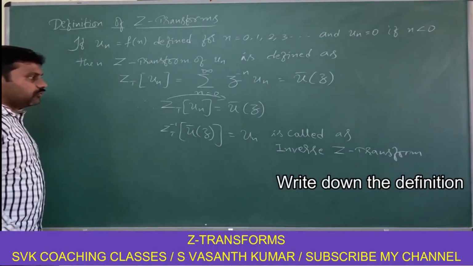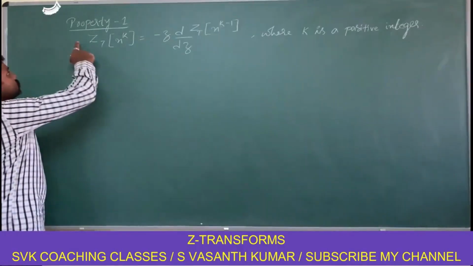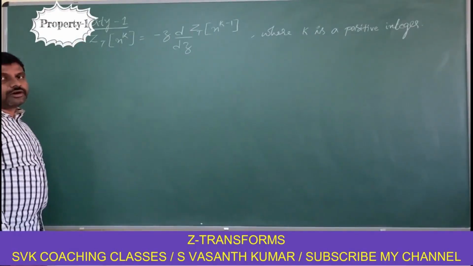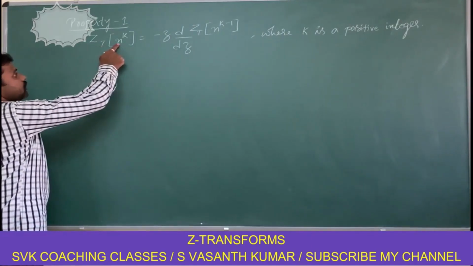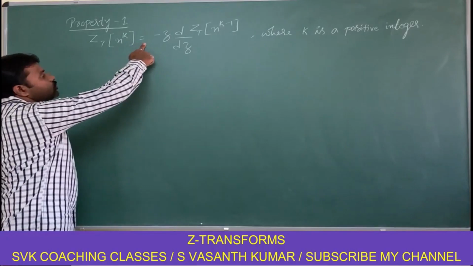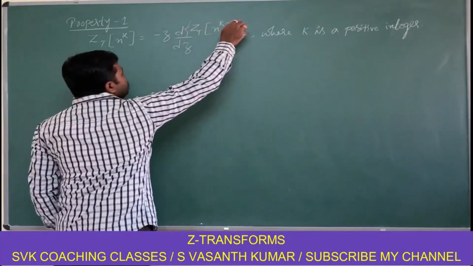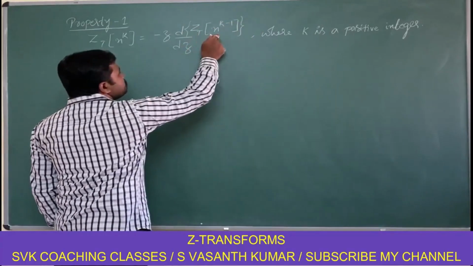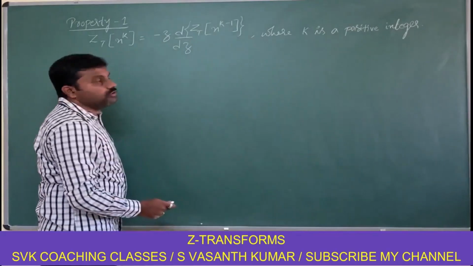Now next we shall move on to the properties of Z transformation. Consider property 1 of Z transformation. Z transform of n power k is equal to minus z into d by dz of Z transform of n power k minus 1, where k is a positive integer.